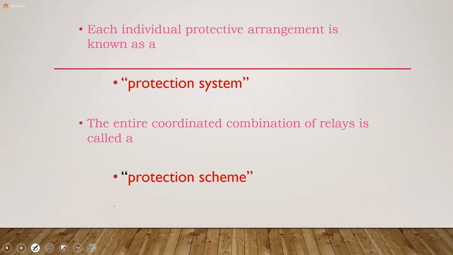So the individual arrangement, looking at a transformer, a generator, a motor, these are protection systems. That's just a system. When I coordinate everything and understand how they interface with each other, that's my scheme. Are we clear?